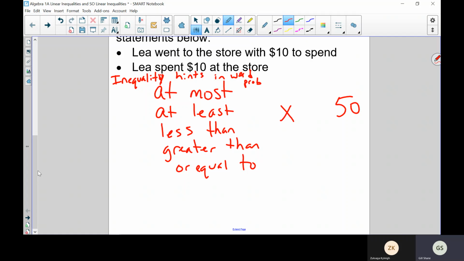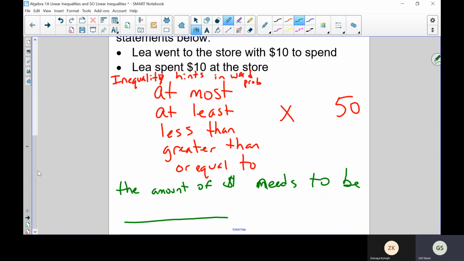I'm saying what's the words for the symbol. So the amount of money you raise or make needs to be something. We're going to fill in that blank.